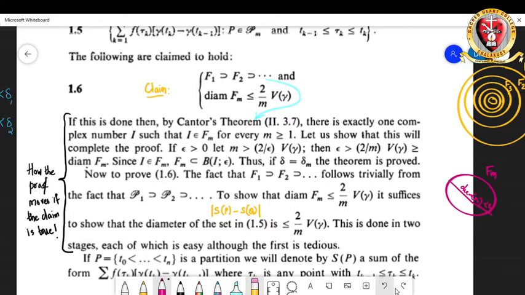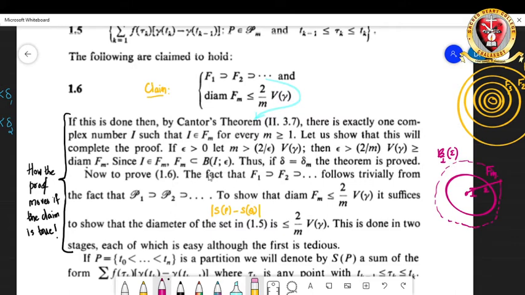And this I happens to be inside this Fm, right? So if this is epsilon and we draw the open ball centered at I, and if this is B_I of epsilon, definitely this Fm will be contained in B_I of epsilon. That's what we just said.